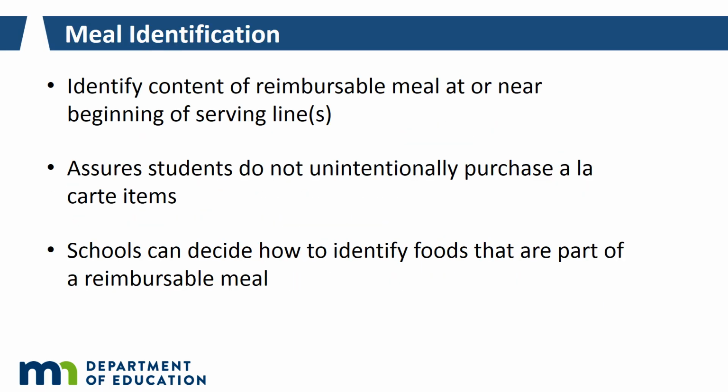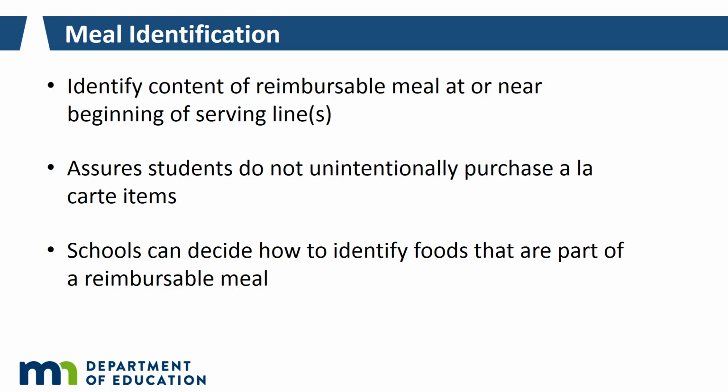The last thing we need to talk about in regards to offer versus serve is meal identification. Meal identification is a meal service requirement if implementing offer versus serve. You're required to identify the foods that are part of the reimbursable meal near or at the beginning of the serving line.